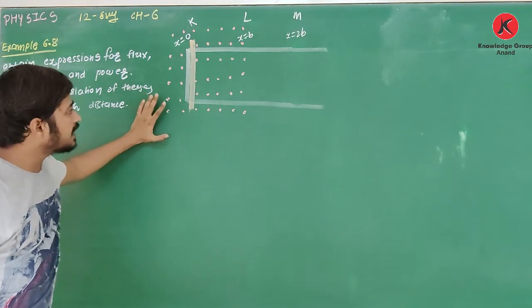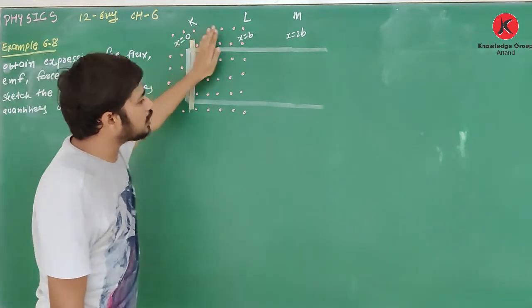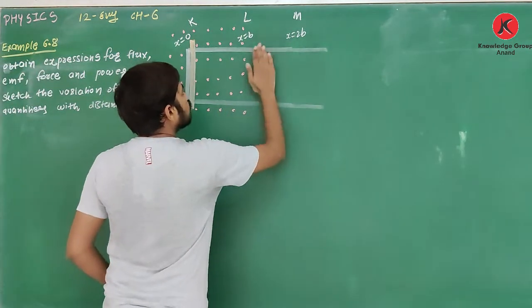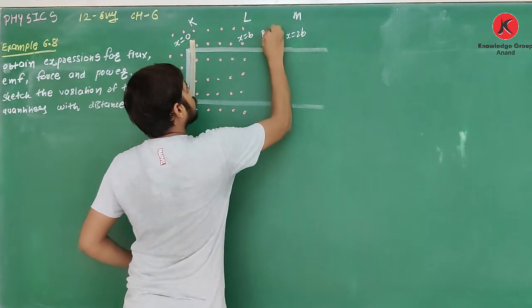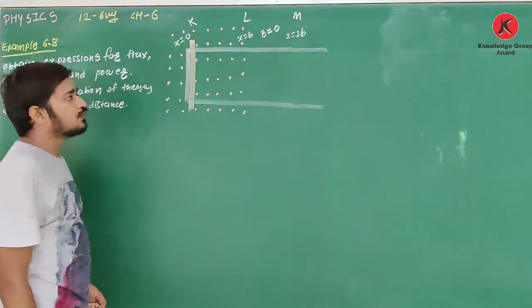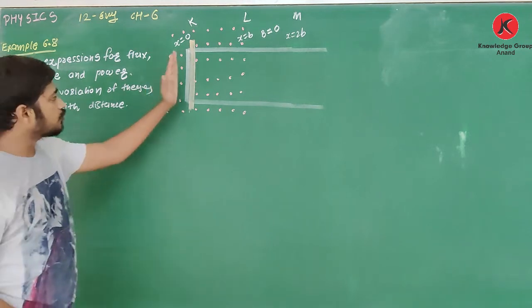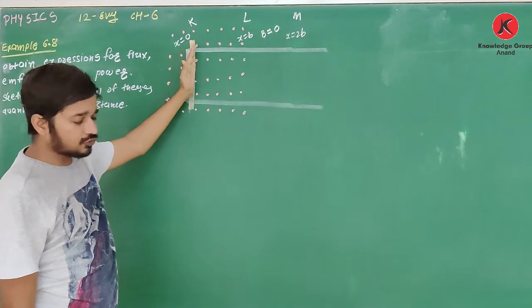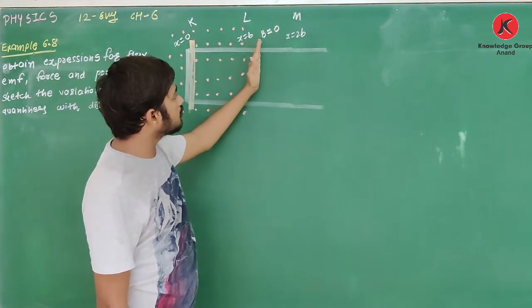Magnetic field is only in this region. In this region there is no magnetic field. In this region magnetic field B is equal to 0. What is your question? This wire is moved from x is equal to 0 with constant velocity v towards 2b.